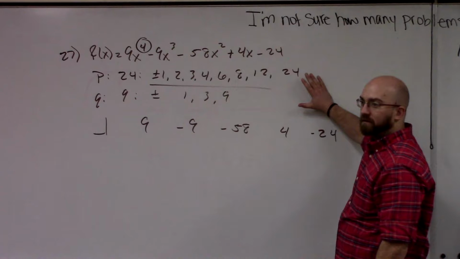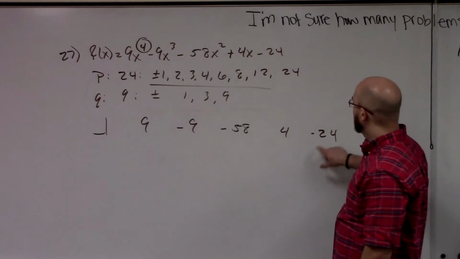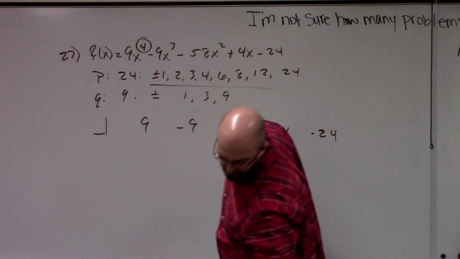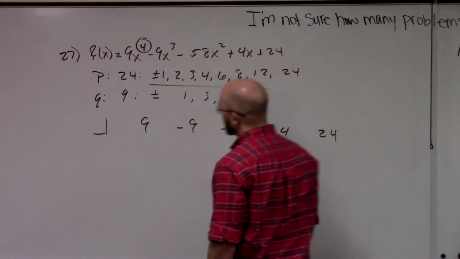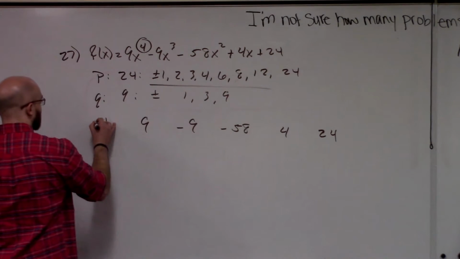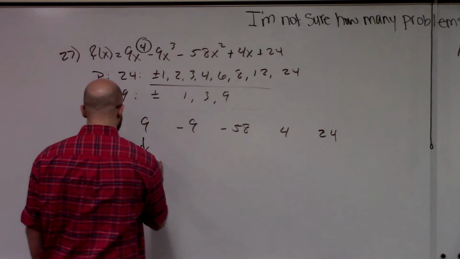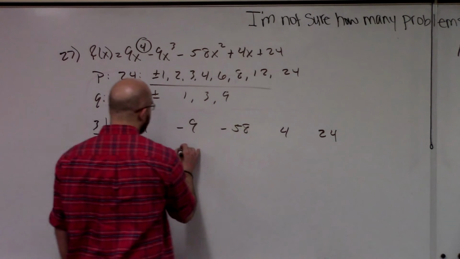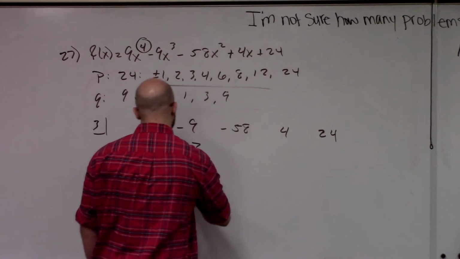Let's try 3. I'm guessing it works. Are we trying 3? Yep, because it works. You seem so mad that you tried a bunch and it didn't work. Yeah, kind of. You're going to have to try a bunch.